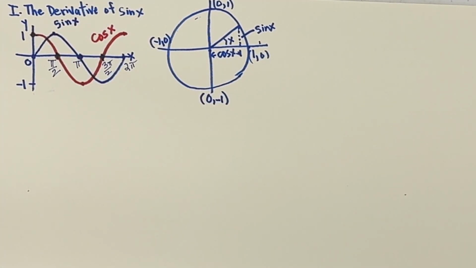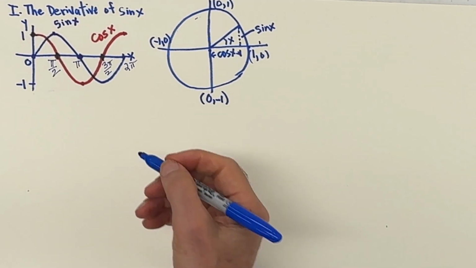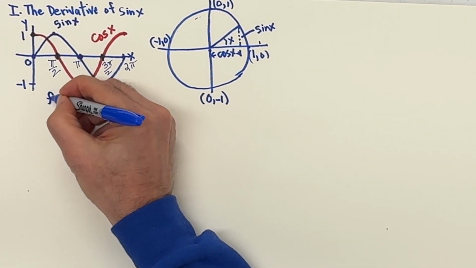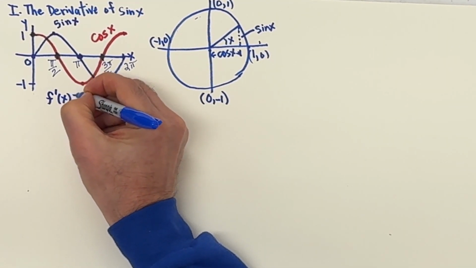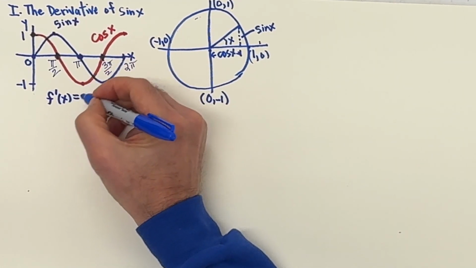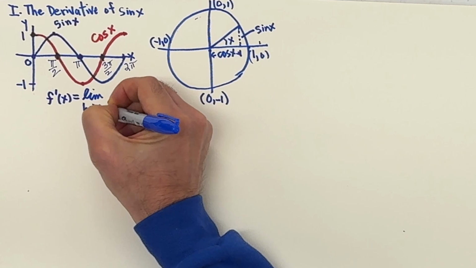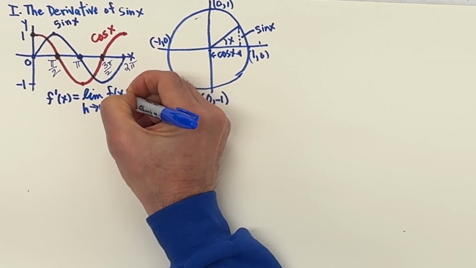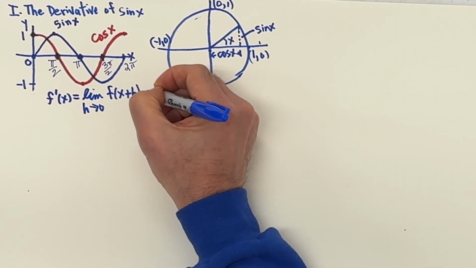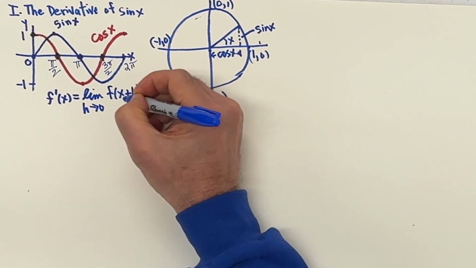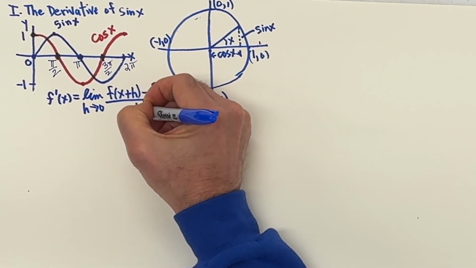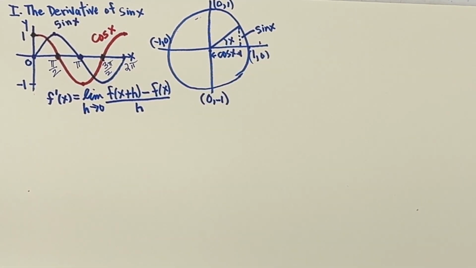All right, so to do this properly, we need to use our master formula, which is the derivative of a function f of x with respect to x is the limit as h goes to 0 of f of x plus h minus f of x over h. This is our master formula.